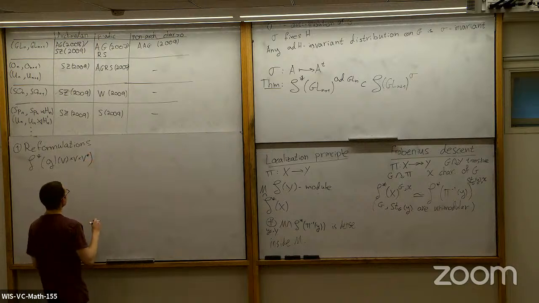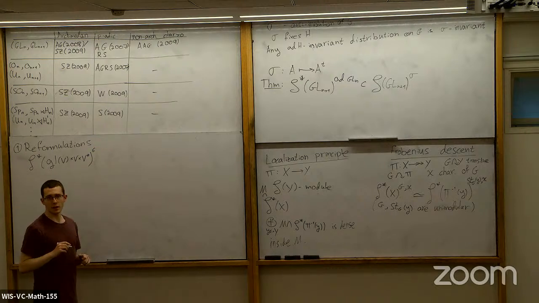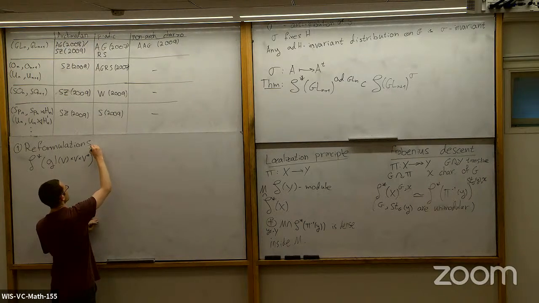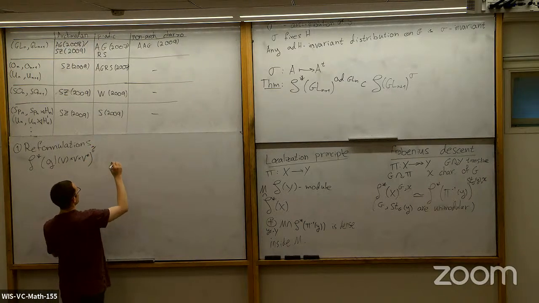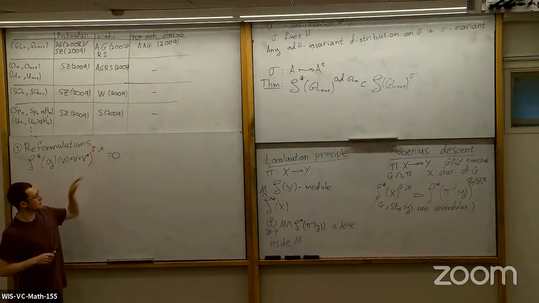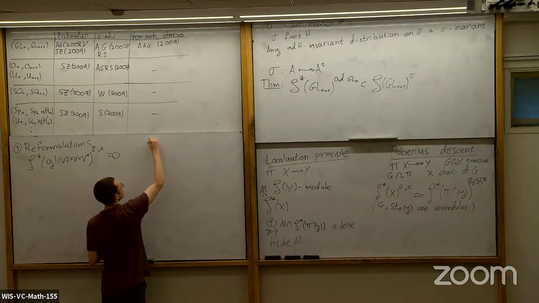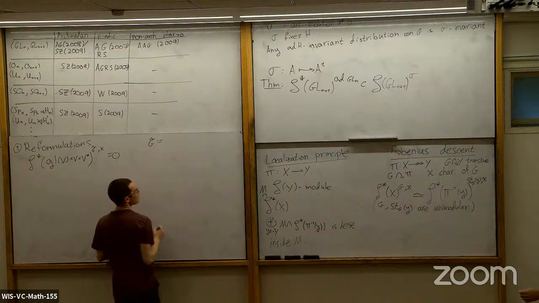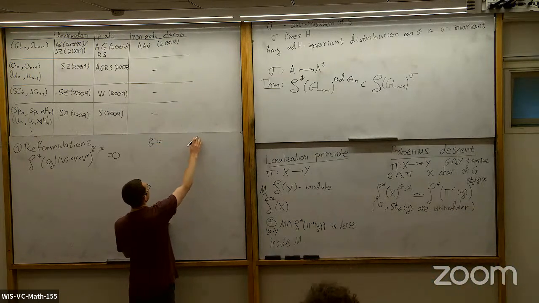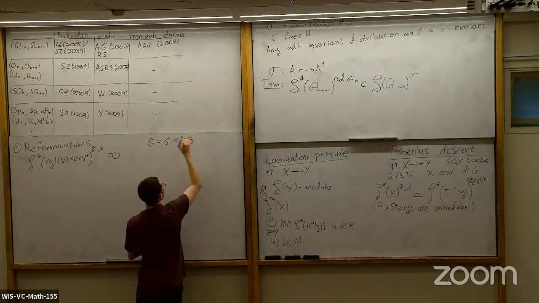And we have an action of this. Okay, so I write it and then I explain what it means. G tilde and the character chi is equal to 0. So first, what is G tilde? G tilde is the semi-direct product of G and plus minus 1, the group of two elements.